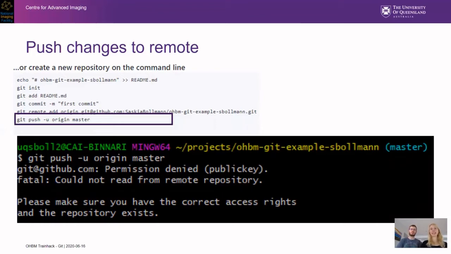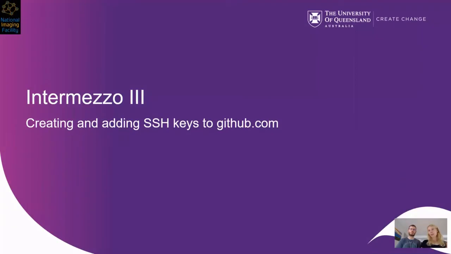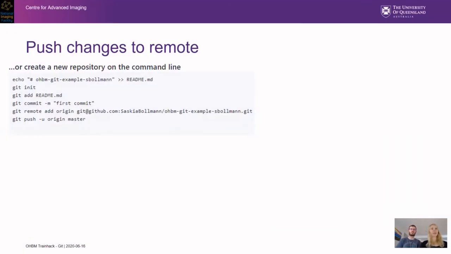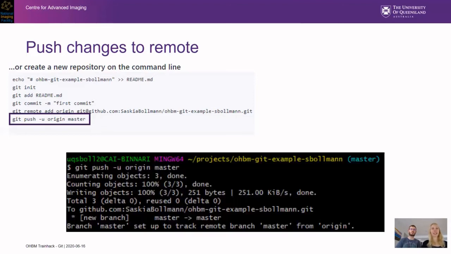So we have to set up SSH keys to authenticate. And again, we have some slides you can look at and follow along the instructions to get that going. Cool, so once we've done that and we try again, this time we are successful and we can push our changes to our remote repository.